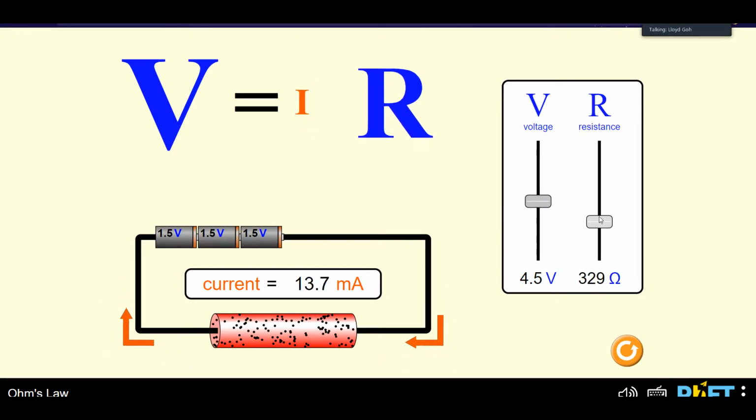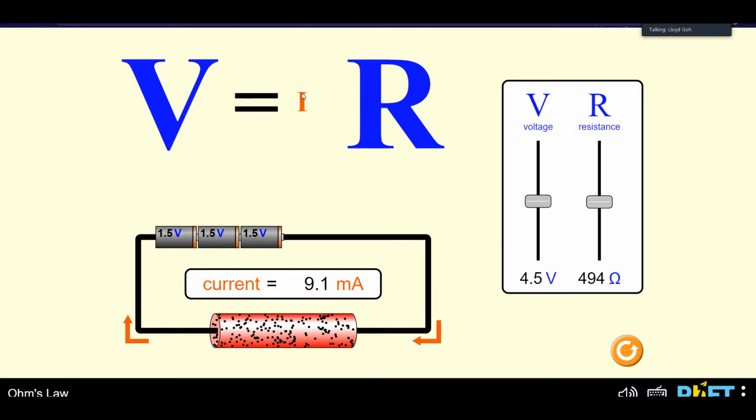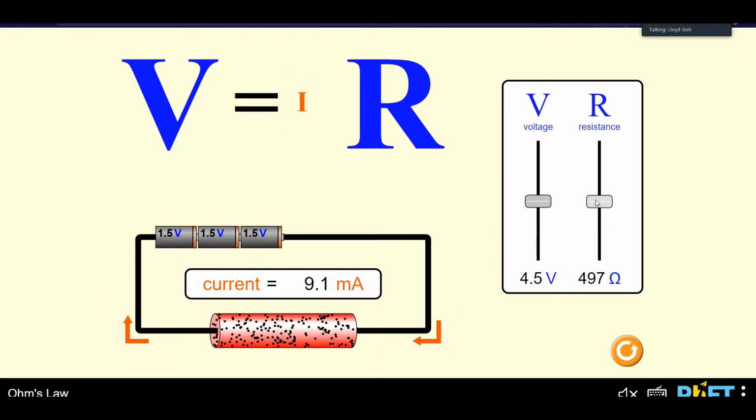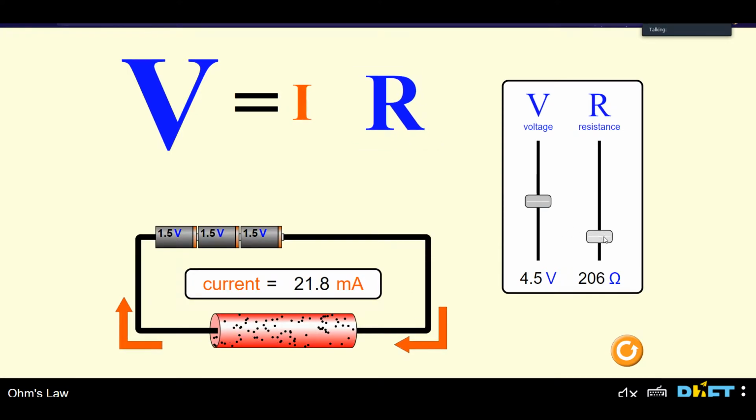As I increase my resistance, the flow becomes less and less. As I decrease my resistance, the current becomes bigger and bigger. That's because when your resistance is lower, it allows charges to flow more easily, whereas when your resistance is high, it restricts the flow of charges. So that's the idea.